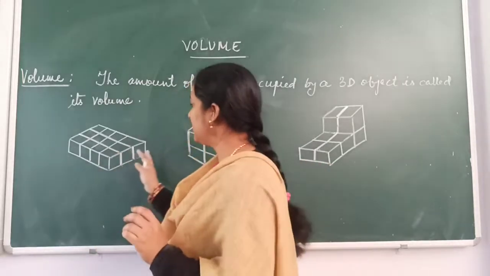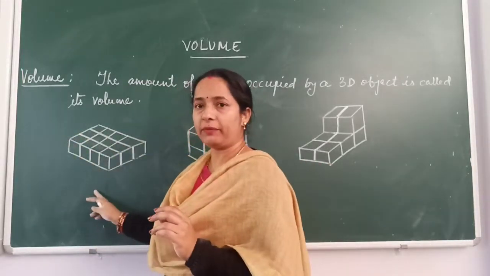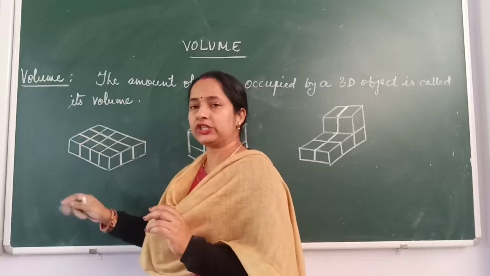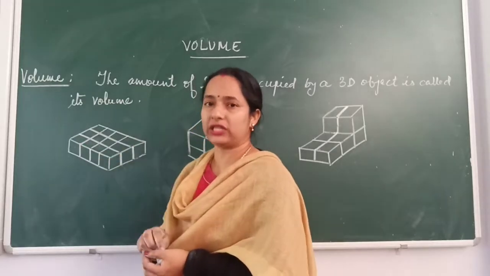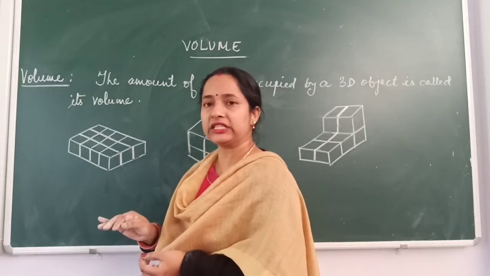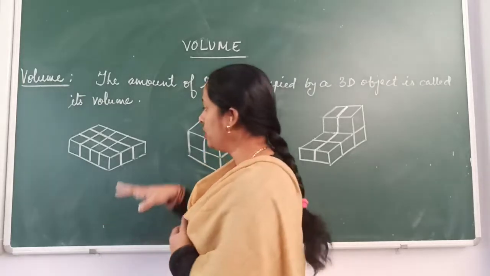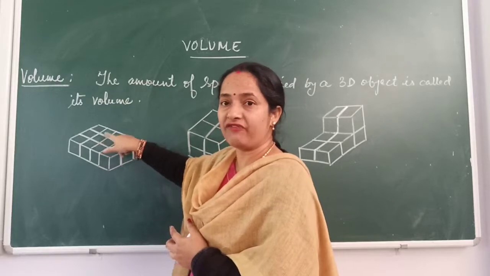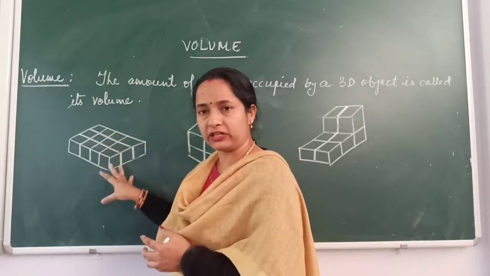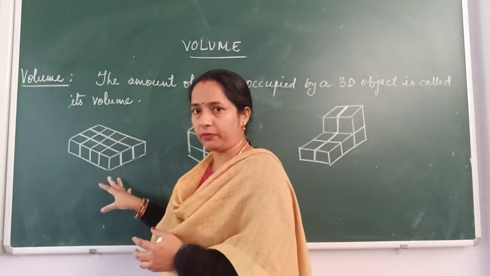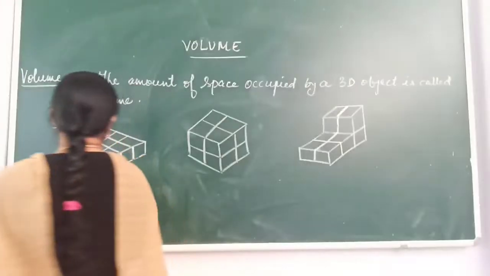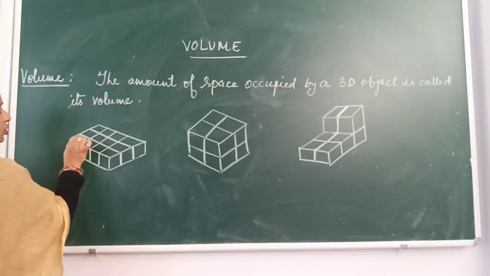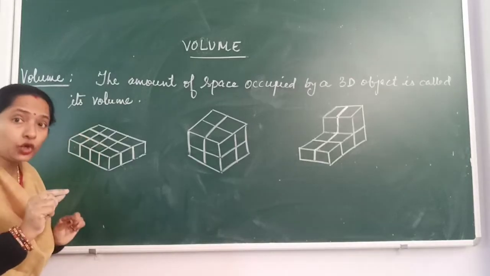Here it is in a cuboidal shape. You can see from which perspective this figure is drawn: it is drawn so that you can view the top view of this solid shape.